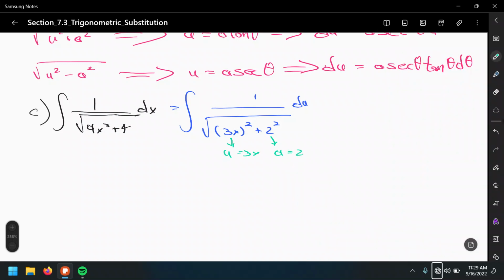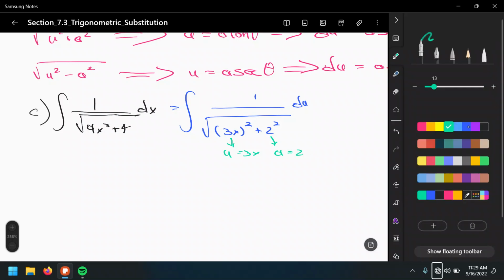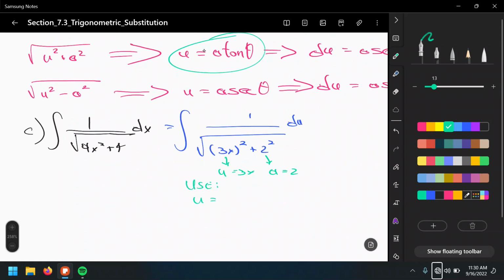That means we're going to use the substitution u equals a tangent theta, where u equals 3x and a equals 2. Some of these elements that I'm going to write are going to be similar to the other approach.